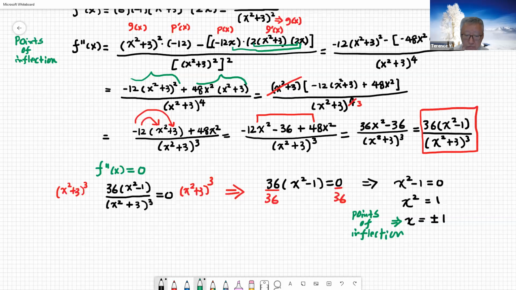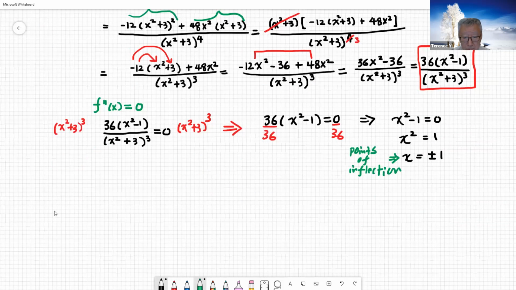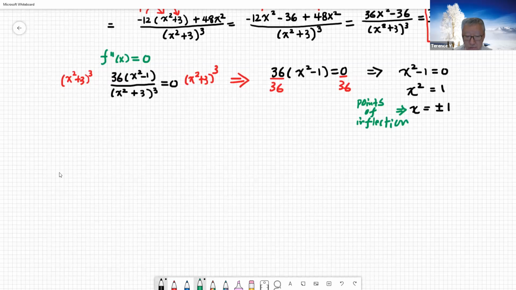So what we're going to do now is, just like the increasing and decreasing function problem, set up the table and find out where the concavities are changing.